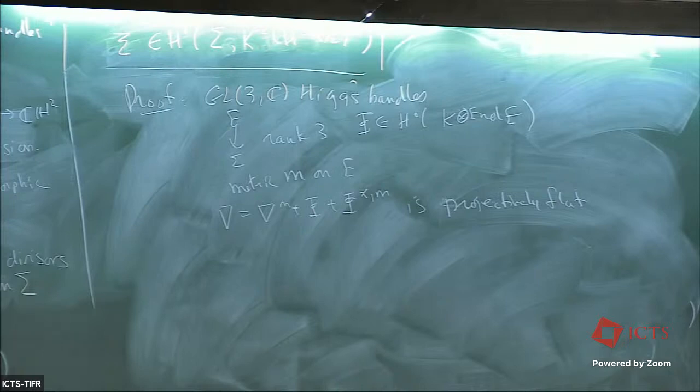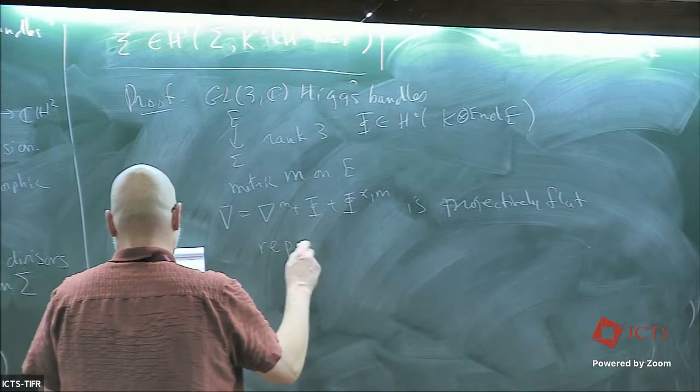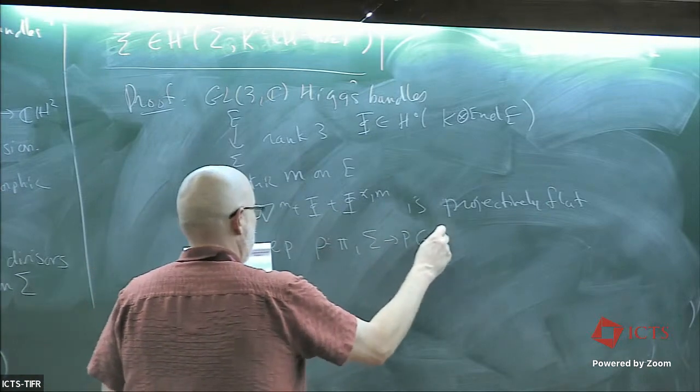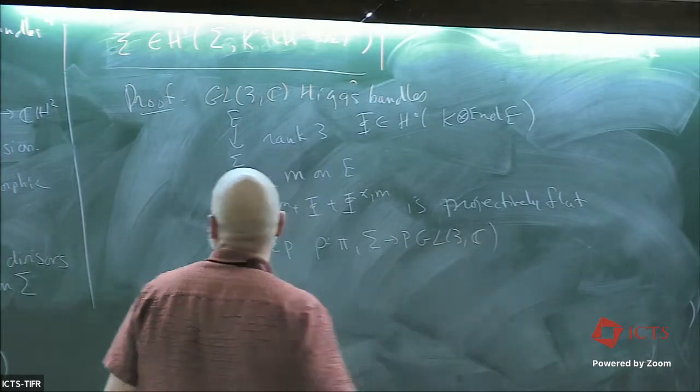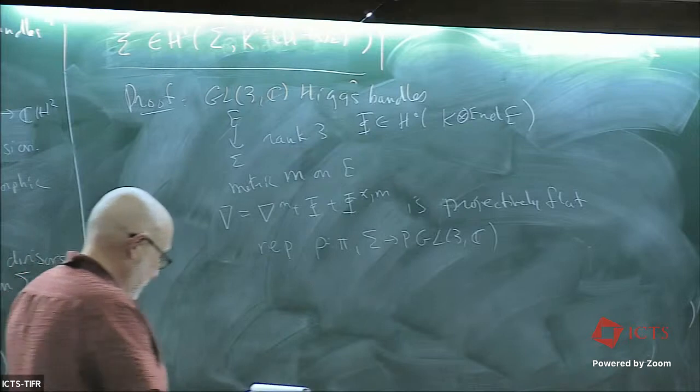Okay? So in this case, we're going to get a representation, rho, from pi1 of sigma to PGL3C. And this is going to be useful for us because the group that we're interested in is PU21. This is the group of holomorphic isometries of CH2. And so it's naturally projective here, so we will deal with this, okay?